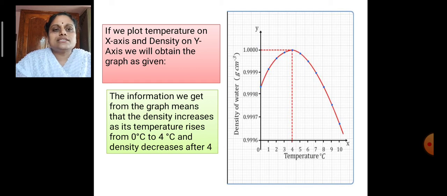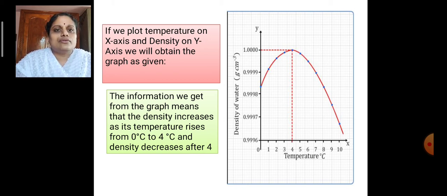From the previous slide, we have seen that water has a minimum volume at 4 degrees centigrade. It means that it has a maximum density at this particular temperature of 4 degrees centigrade. So here is a plot of density of water and temperature.